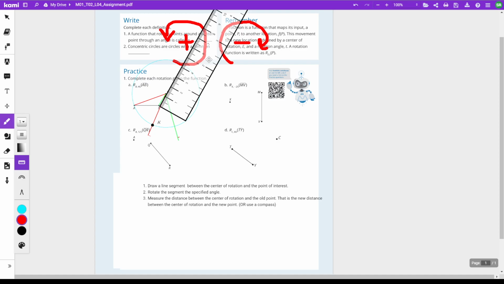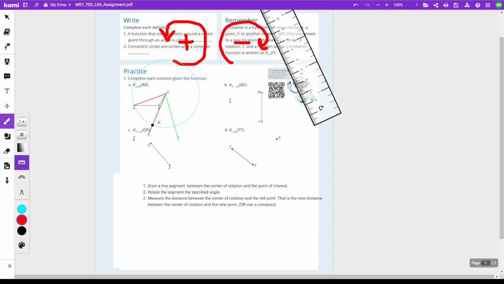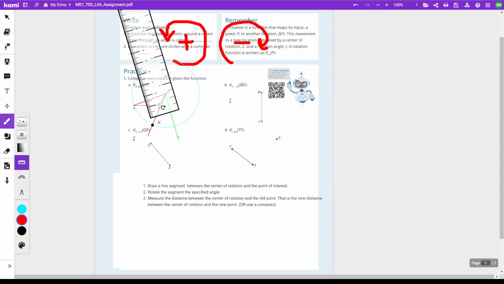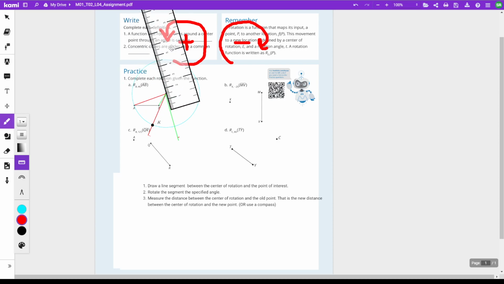So that's going to be about 1 centimeter and 2 tick marks. Okay, so we're going to measure out 1 centimeter and 2 tick marks along this line, maybe, if I can get this ruler to cooperate with me. Okay, so right there we have 1 centimeter and 2 tick marks.